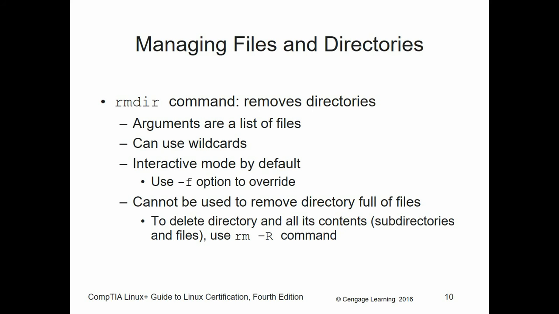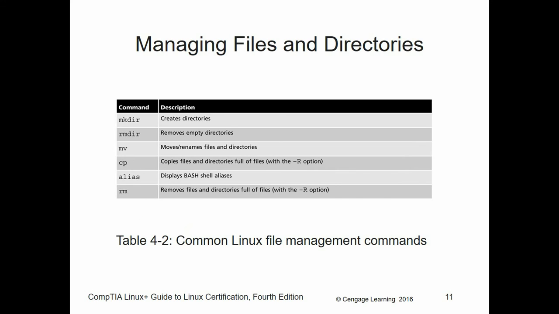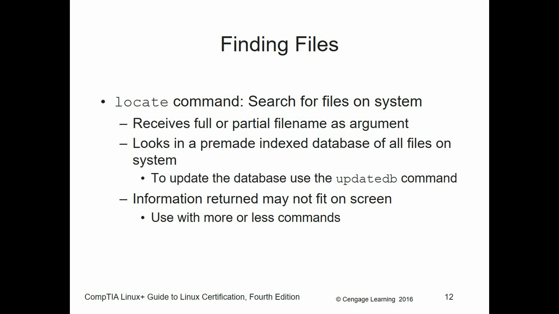Interactive mode is the default. Use the -f option to override. It cannot be used to remove directories full of files. To delete a directory and all its content, subdirectories and files, use the rm -r command. And these are the options here.